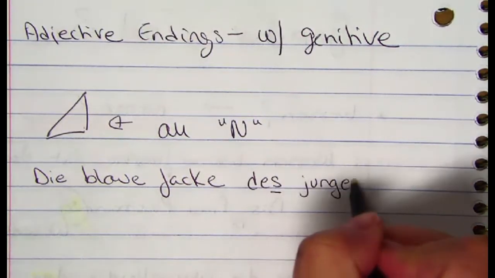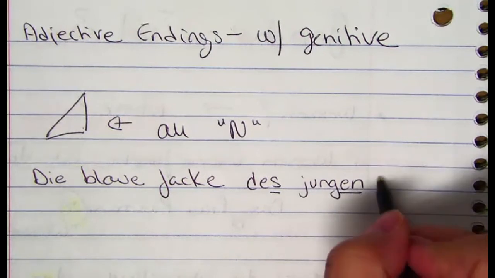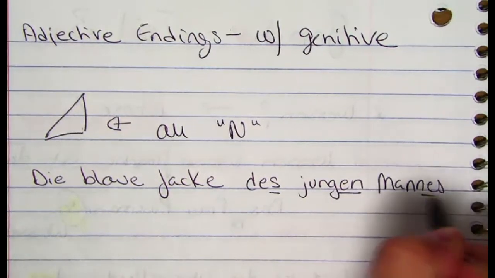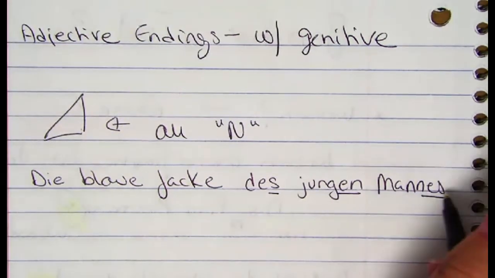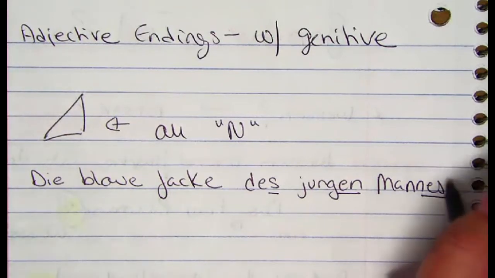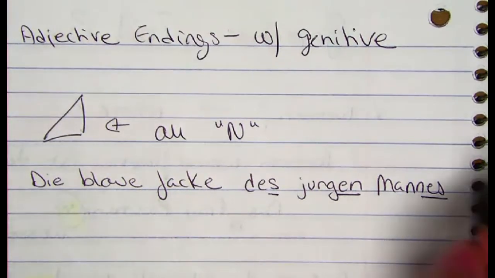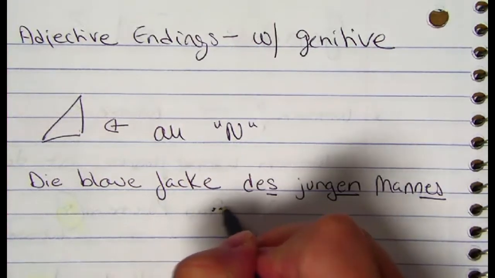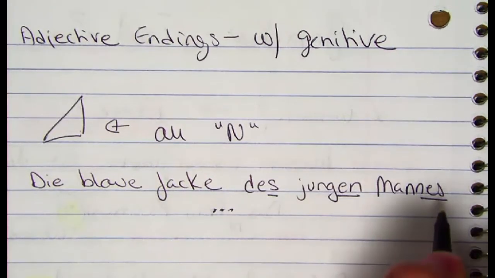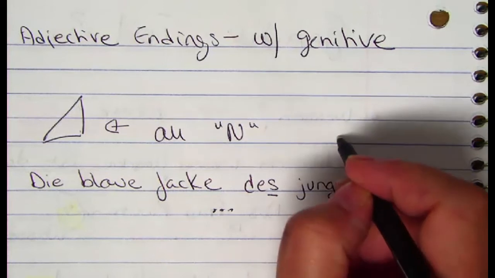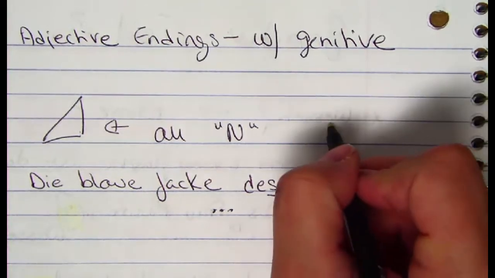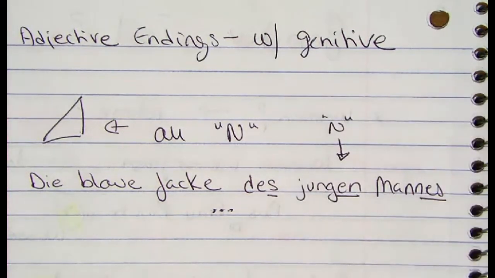Jungen, there's your en, and Mannes. And there's your second n, or second s. And of course we've got the extra e because it is a single syllable word. Now, of course, that's just the beginning of a sentence. So all of your adjectives are going to have that n ending or en ending.